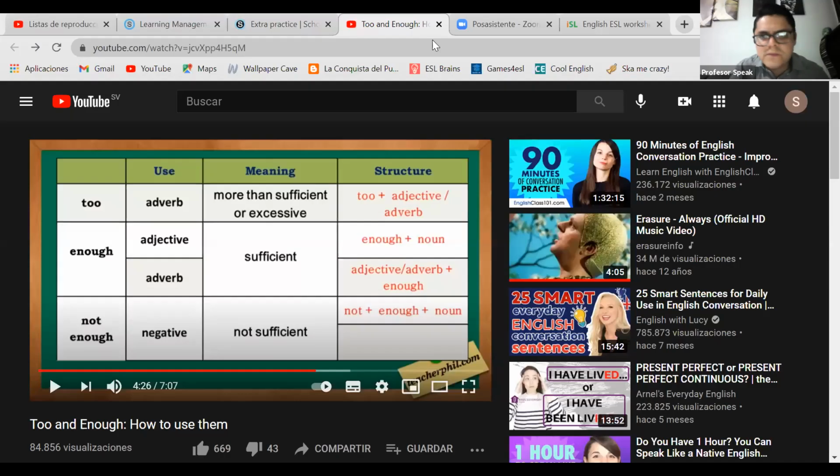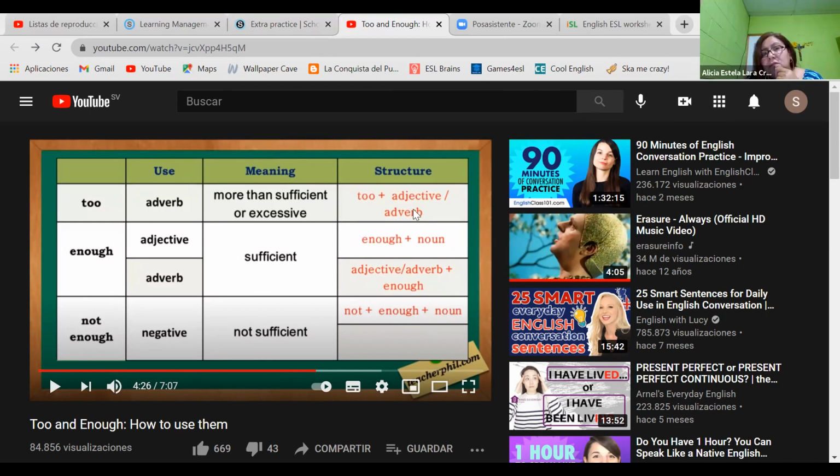All right, look at this. Estelita, we have 2 emails. Okay, but what does the table say? Too is followed by a negative or adverb.